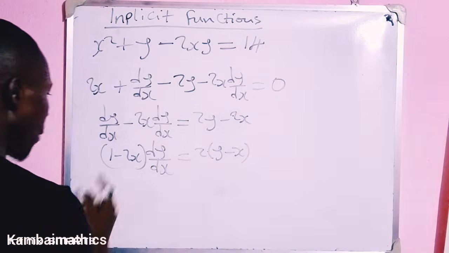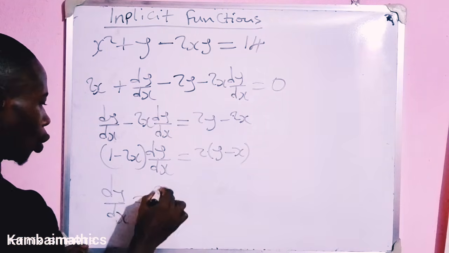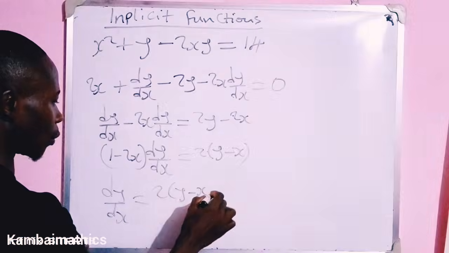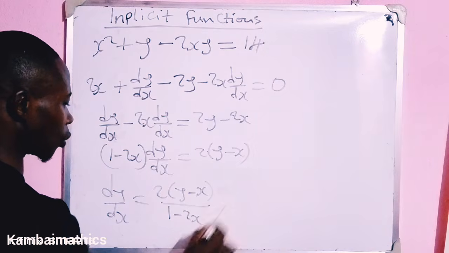We divide both sides by this so that dy all over dx is equal to 2(y minus x) all over (1 minus 2x) as our final answer whenever we solve this one implicitly.